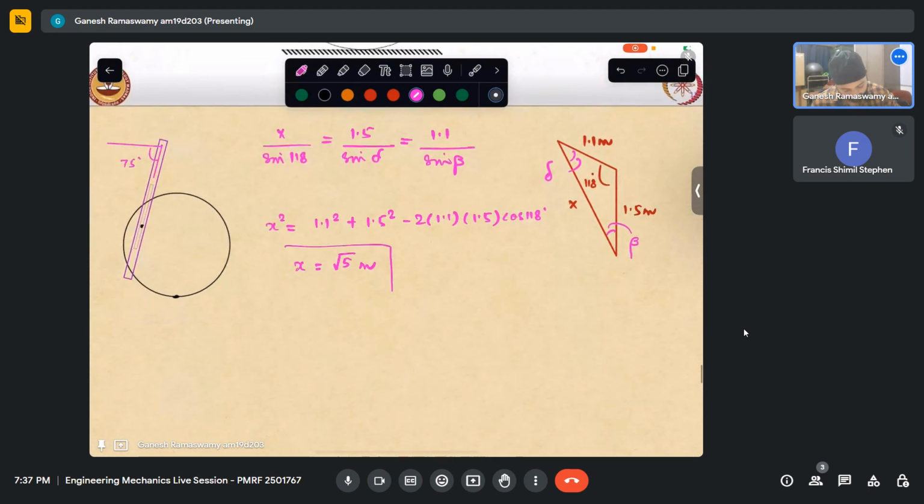All right. So now that we have found out x, we can plug it back in this and find out what is delta.